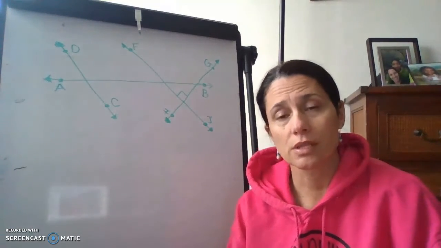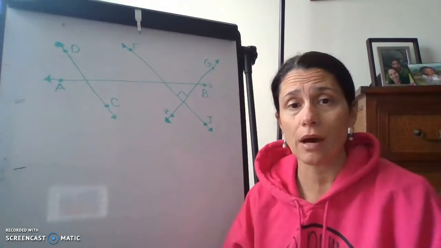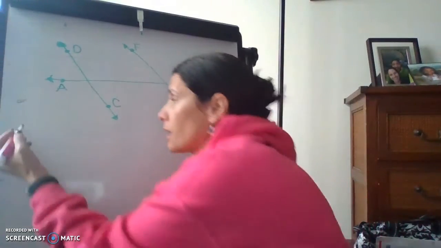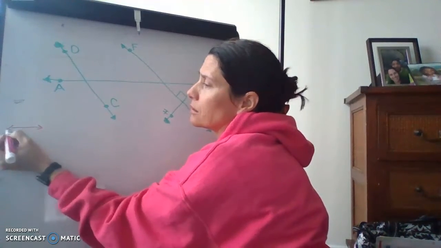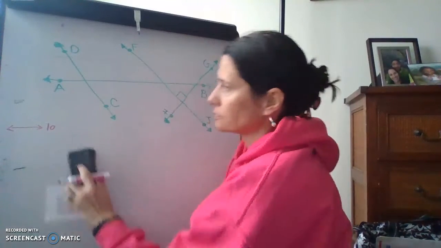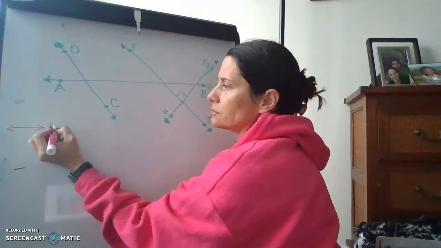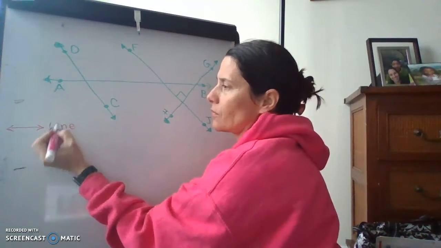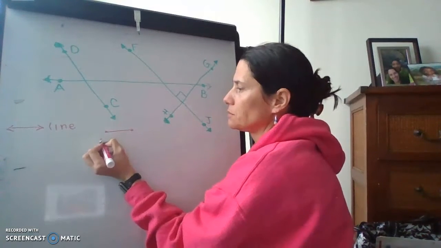So a lot of your, or some of your questions look like this, where you have a diagram here and you have to talk about if it is a line. So that is a line. Or if it is a line segment.